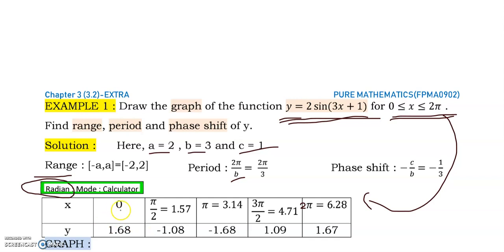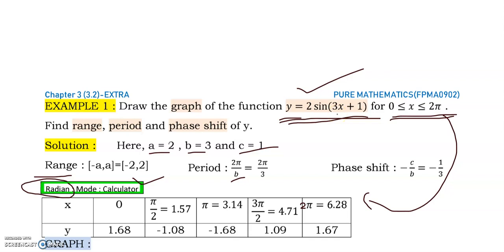Now you keep your calculator in the radian mode. That is very, very important. Now here what is the first value of x? That is 0. So you substitute this x is equal to 0 in the given function. Everything you can do in your calculator.